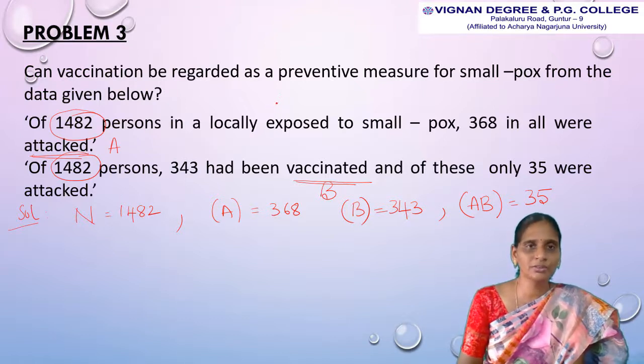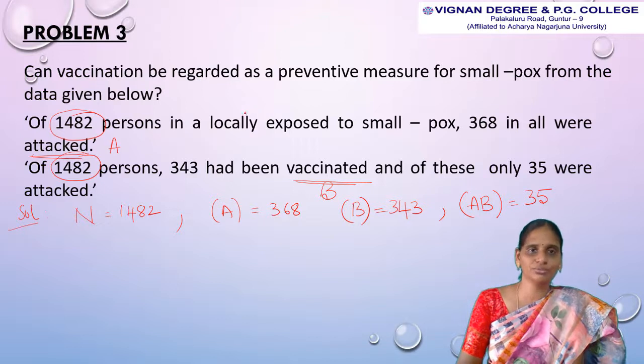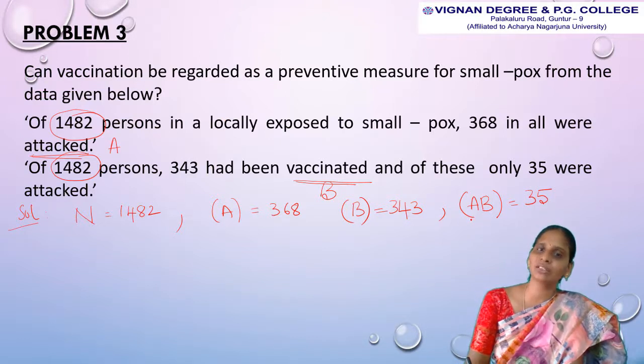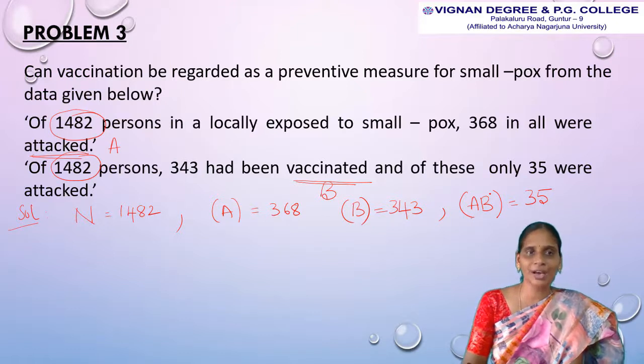So we have to find the value of Q. In finding the value of Q, only one second order class frequency is given, that is frequency of AB. We have to find the remaining three class frequencies in second order.